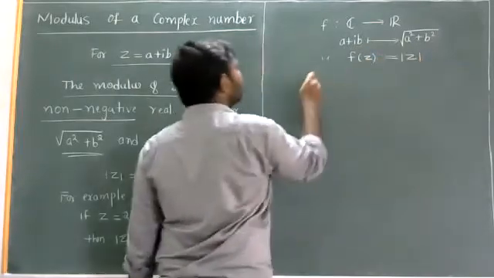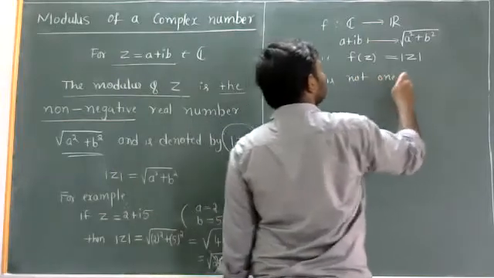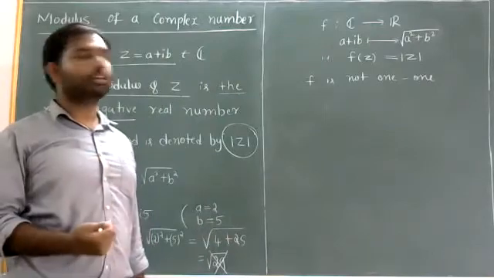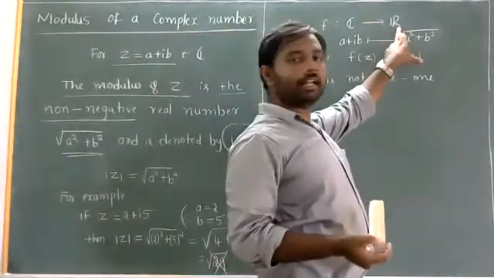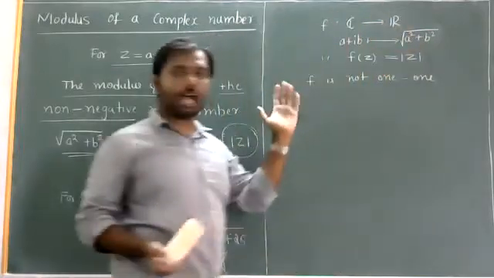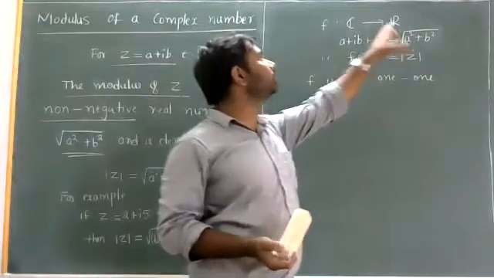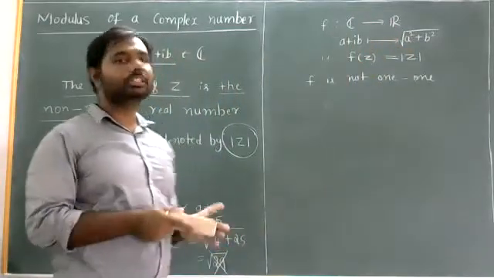So now we have shown that f is not one-one. Now what about onto? Onto means every codomain element should have a pre-image. Right? Now, is that true?